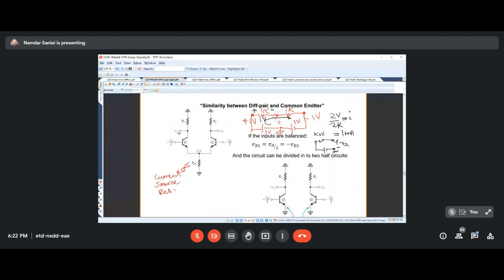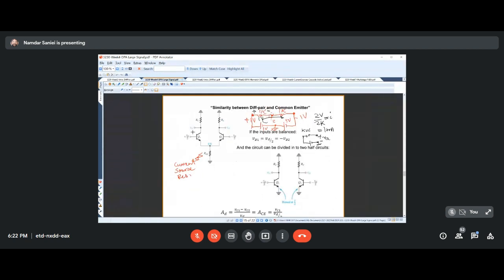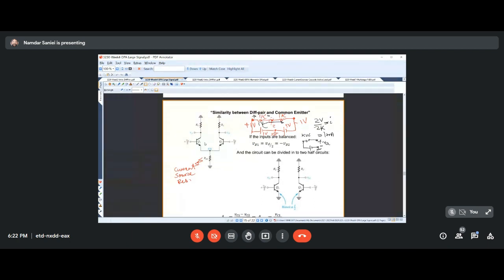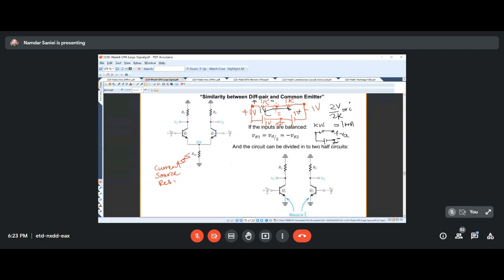Then we looked at the differential pair amplifier in a different way. We looked at it as a pair of half circuits. So we could actually split the circuit in two halves. And that's when it became comparable to the common emitter that we used to have before.